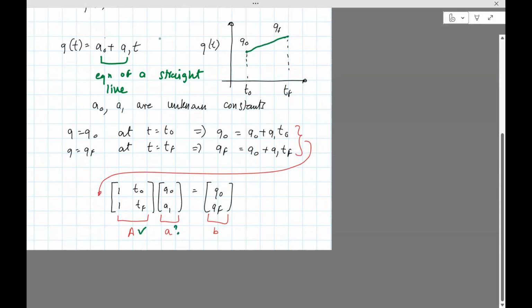A is known because in a problem you'll be given what t0 and tf are, and you'll be given what q0 qf are. So in order to solve for a0 and a1, I just need to invert the capital A matrix. So let's just do that.